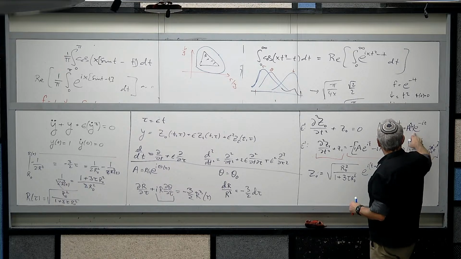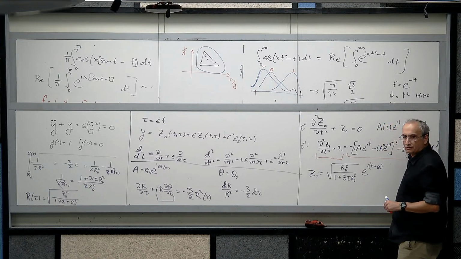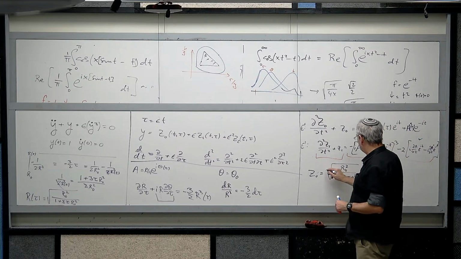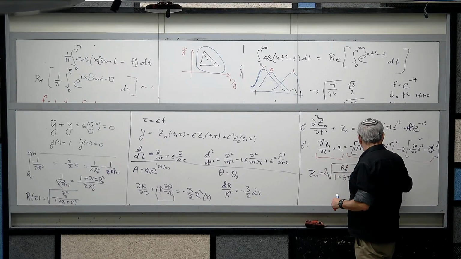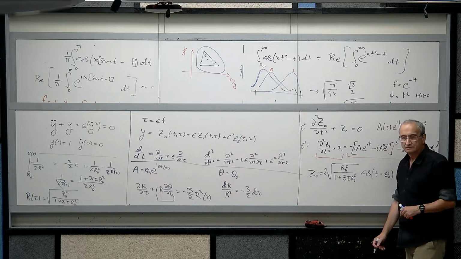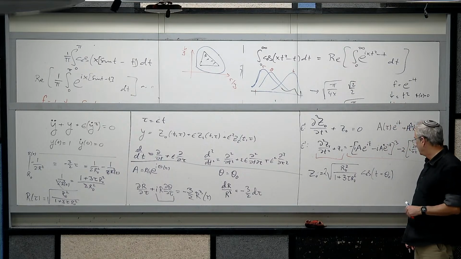And we want to take actually the real part of that, 2 times the real part of that. Right? So I have a factor of 2 here, and here I have cosine of t plus theta naught. Okay?